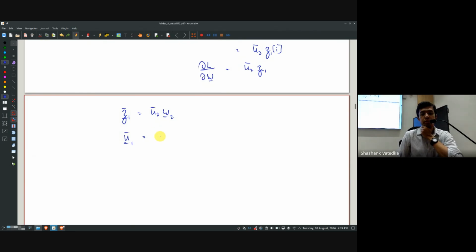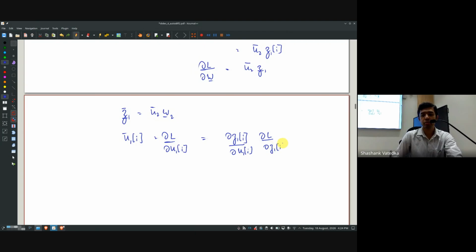So U1 bar of I is the partial derivative of L with respect to U1 of I. This is equal to the partial derivative of Z1 of I with respect to U1 of I times the partial derivative of L with respect to Z1 of I.